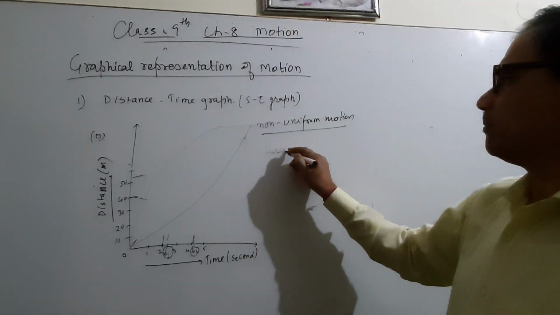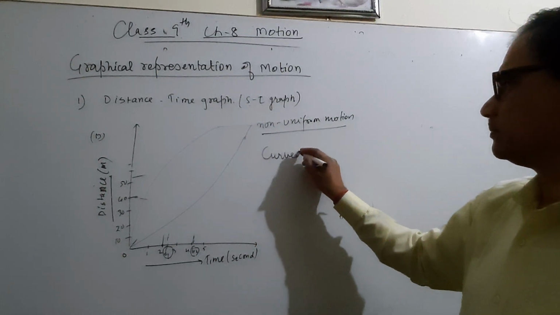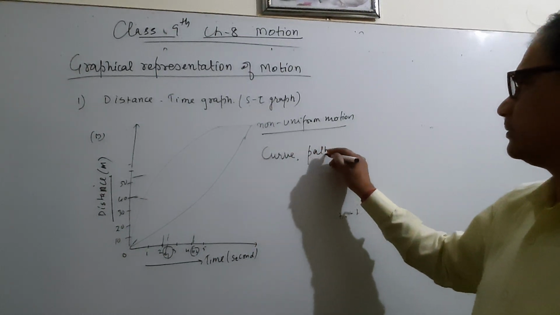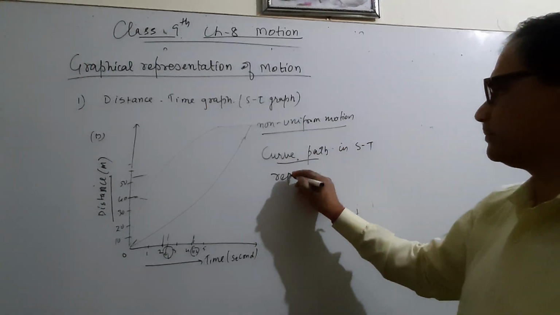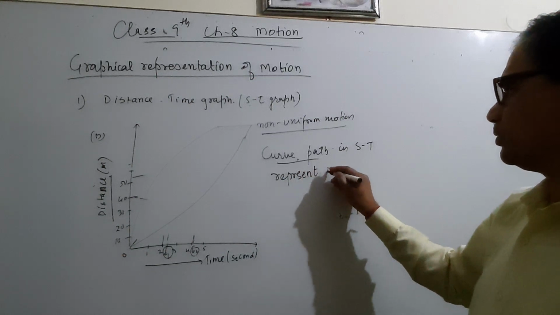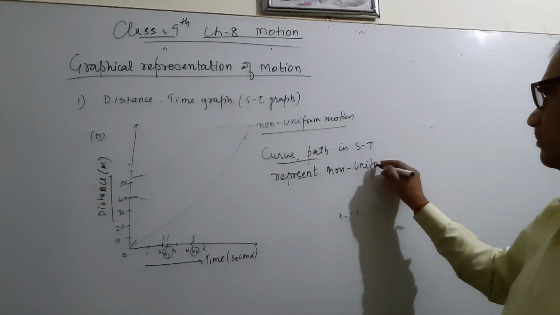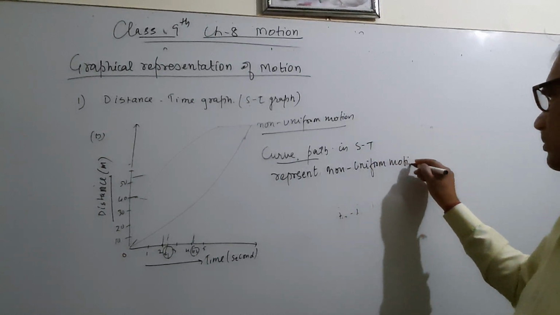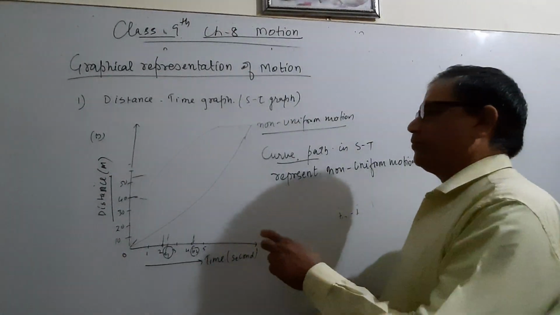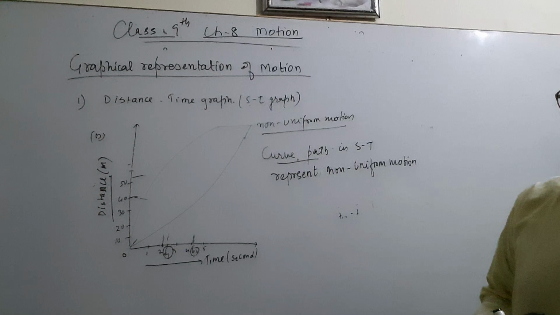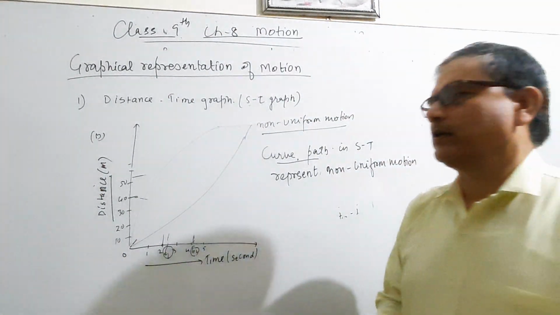A curved path in an ST graph represents non-uniform motion. These are the three conditions in which the distance, velocity, uniform or non-uniform can be represented.